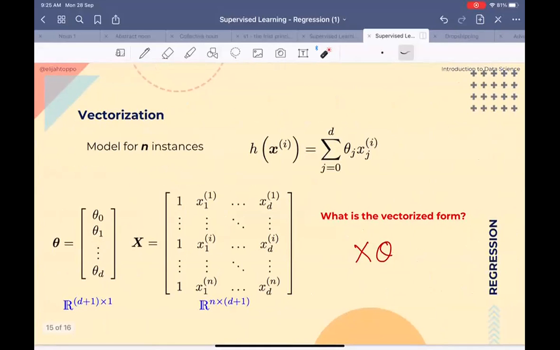We also saw that we can extrapolate this idea of summation over one sample to summation over all samples. That is, if I take my individual examples and write them as rows here, then multiplying them with theta, just by doing something like x and theta, gives me our entire cost for all of the samples.